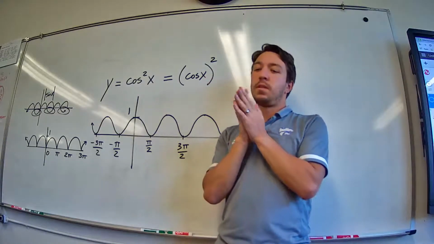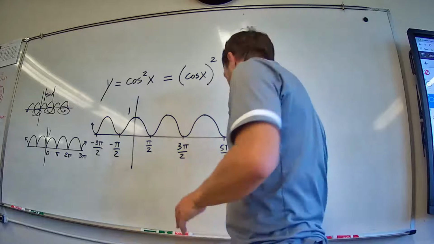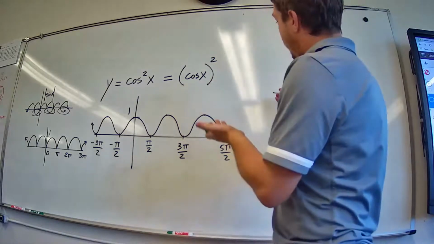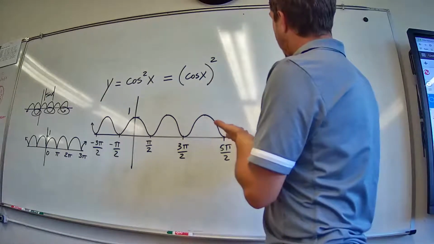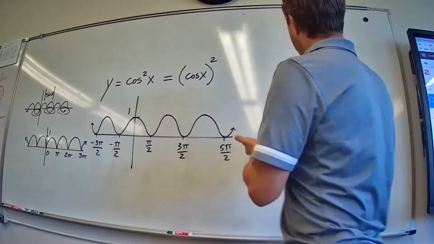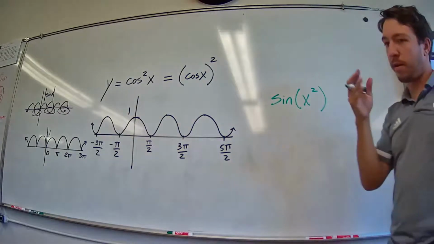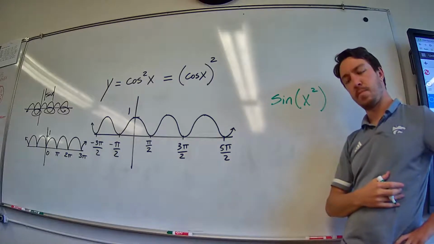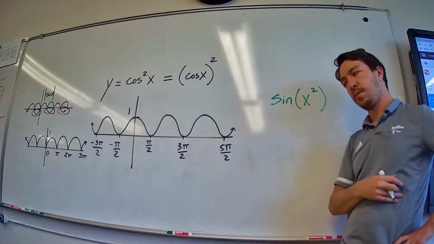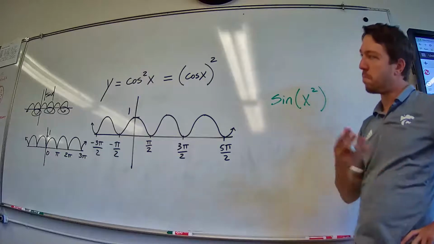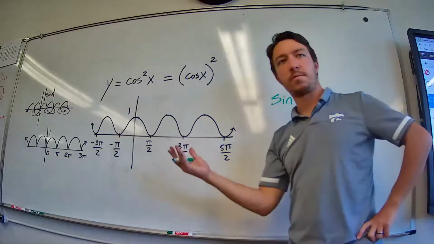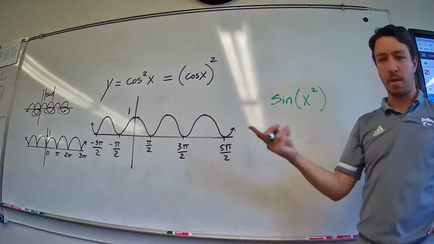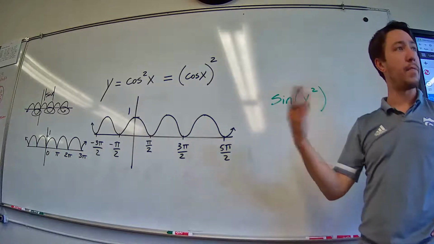So for 15, when you look at sine of x squared, suppose you wanted to really focus on where the zeros of this function are. Well, where does the sine function have its zeros? 0, pi, 2 pi, 3 pi, 4 pi, right?